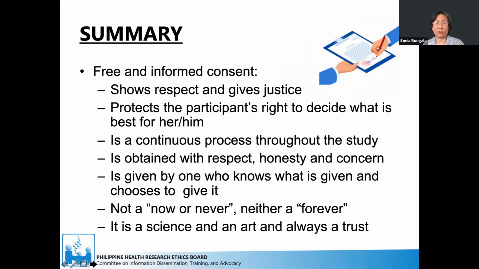And it should be obtained with respect and honesty. Therefore, truth telling, you don't hide anything. And there should be concern for the best interest of the participant. And it's a science as well as an art, and always involves trust and confidence between the parties involved.